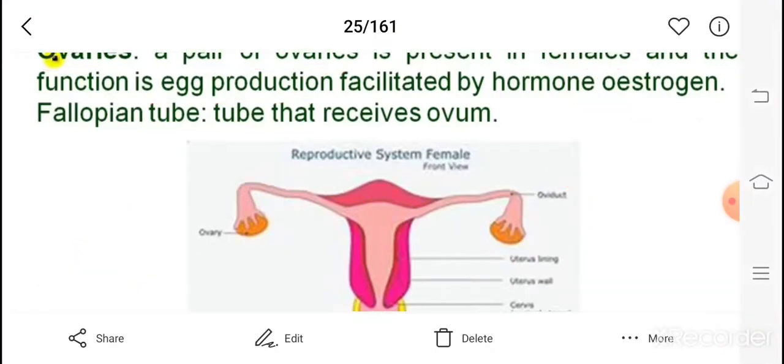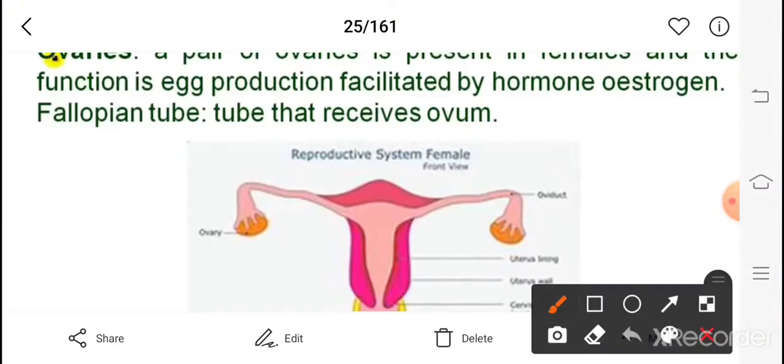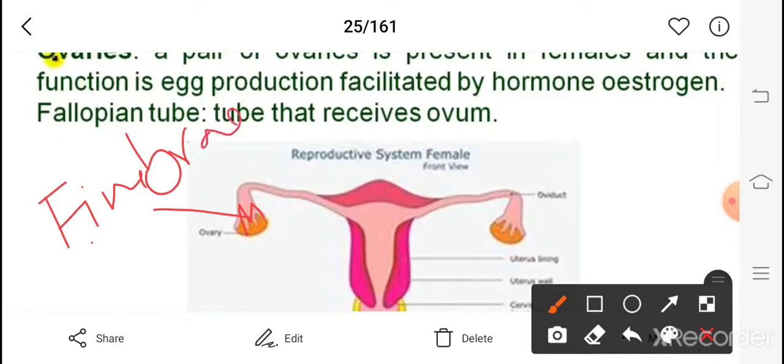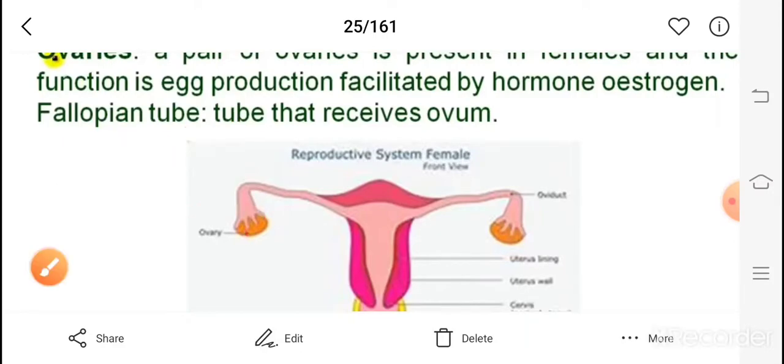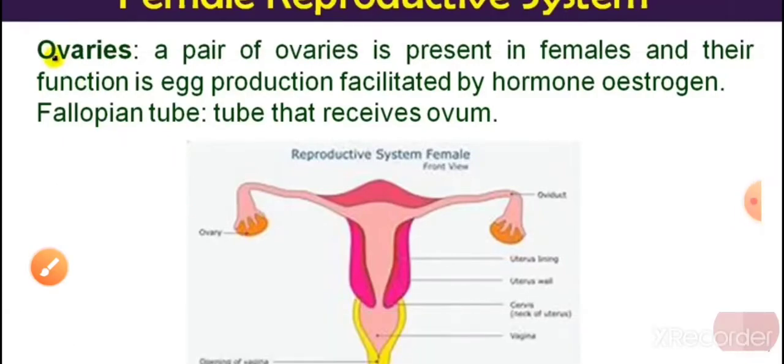This finger-like projection is called fimbriae, and the fimbriae hold the ovaries.